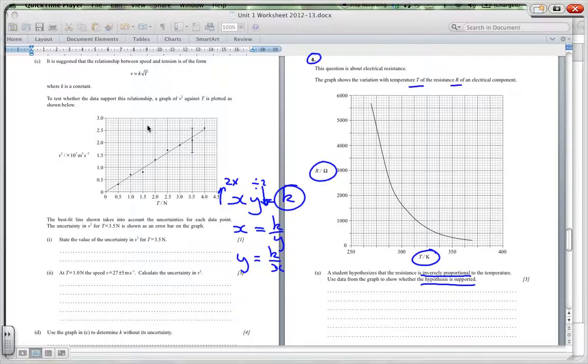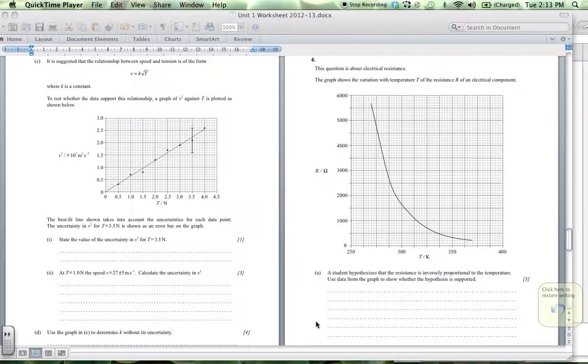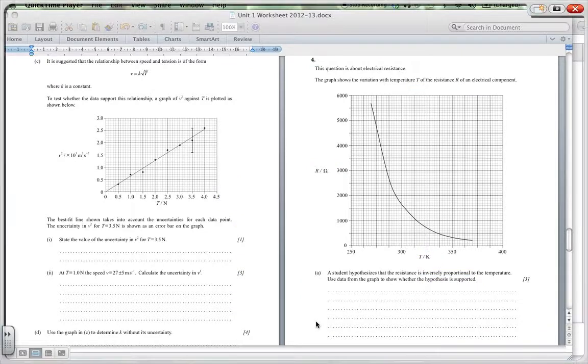Now the way that we can check for an inverse proportion is we can just take 2 points. So I'm going to take this point over here, and I'm also going to take this point over here, and I'm going to find the T and R value for each one of those.